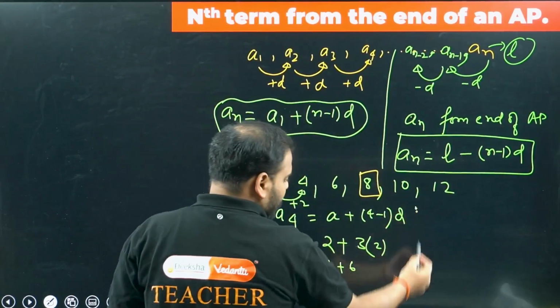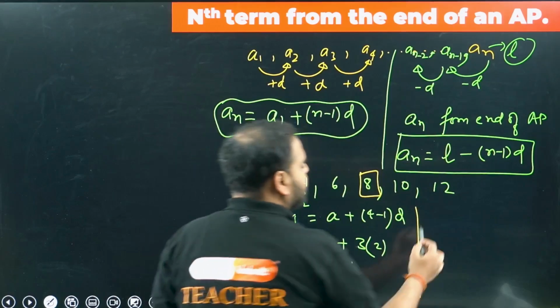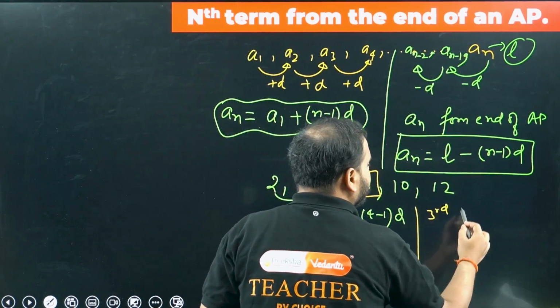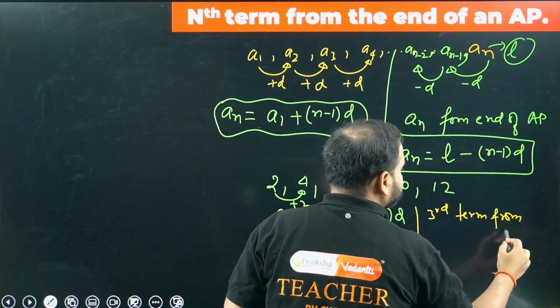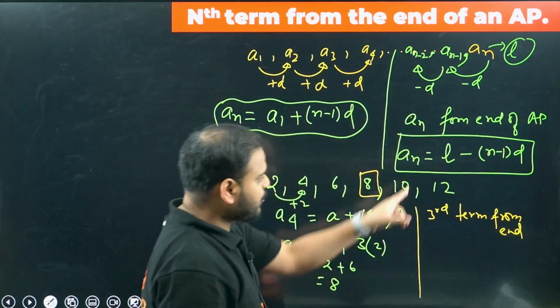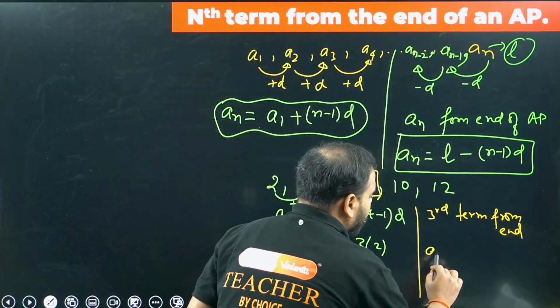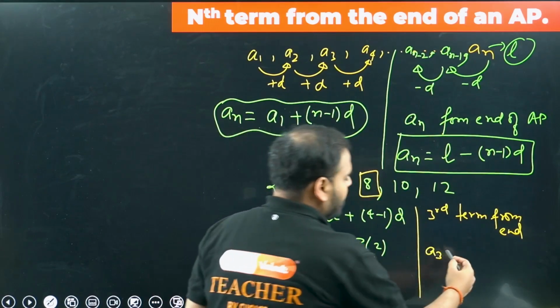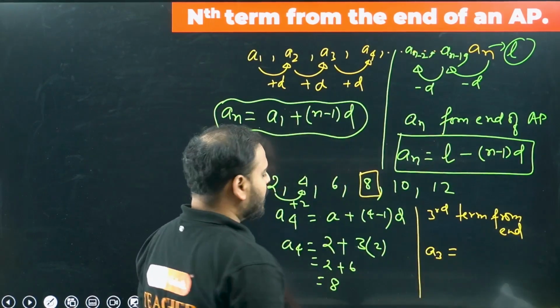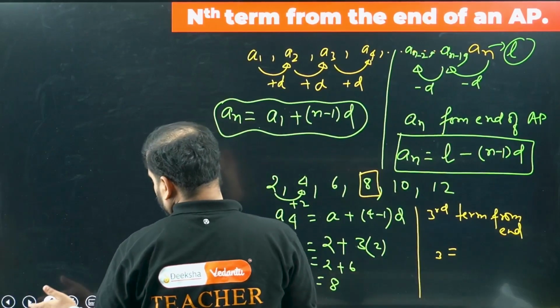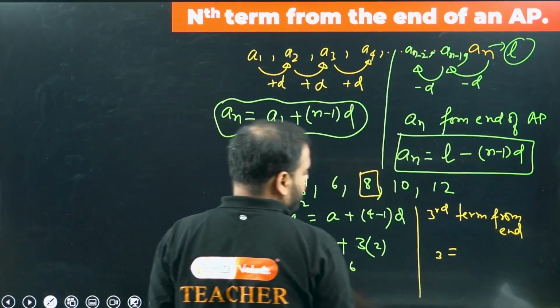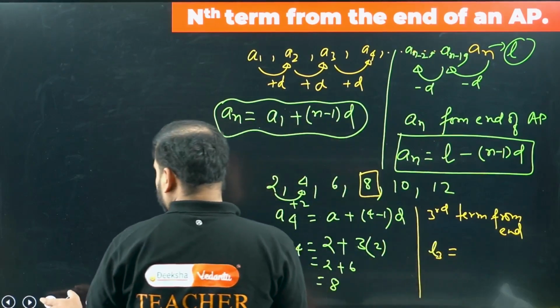But if I ask you to find the third term from the end, how will you do it? Use this formula over here. A3 will look like what? Or I can write it as L3 also, just to make a different notation, since it is from the last. So L3 will look like this.